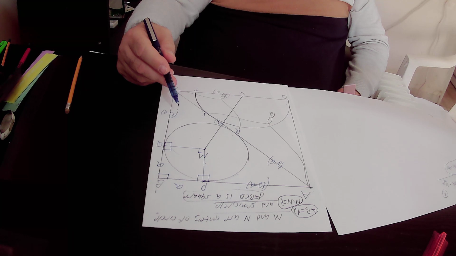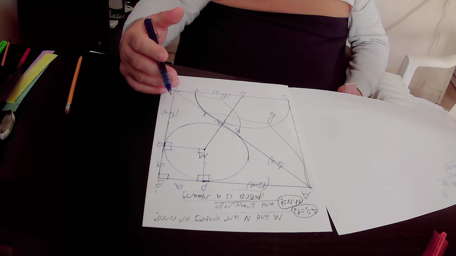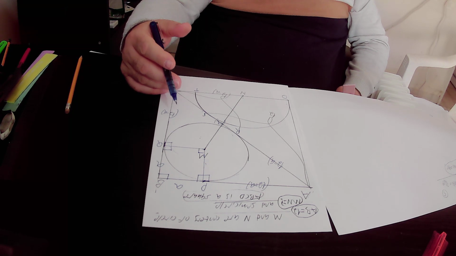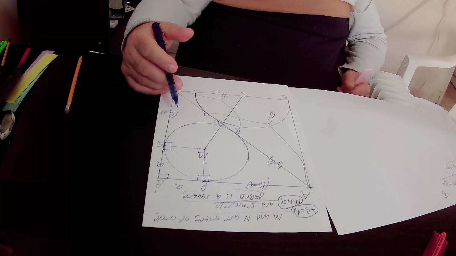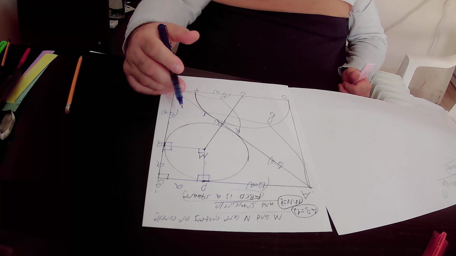Therefore, quadrilateral PBMQ is at least a rectangle, because any quadrilateral that has four right angles must be at least a rectangle.